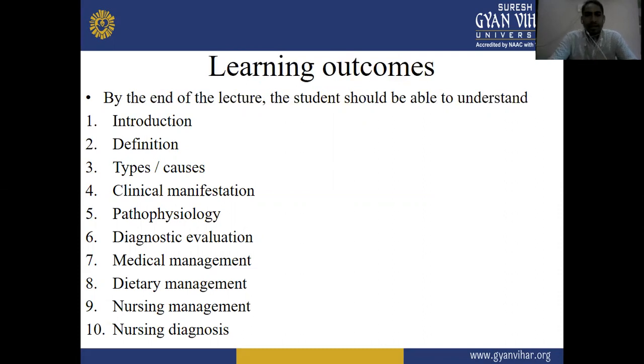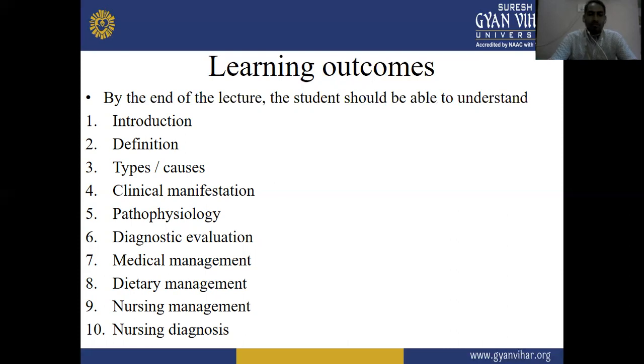Next one is learning outcomes of jaundice. By the end of the lecture, the students should be able to understand the introduction of jaundice, definition of jaundice. Third one is types and causes of jaundice. Fourth outcome is clinical manifestations of jaundice. Fifth learning outcome is pathophysiology of jaundice.